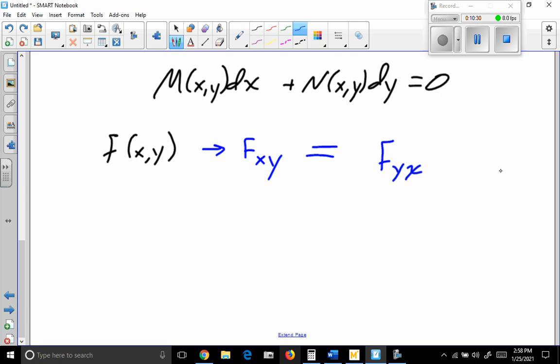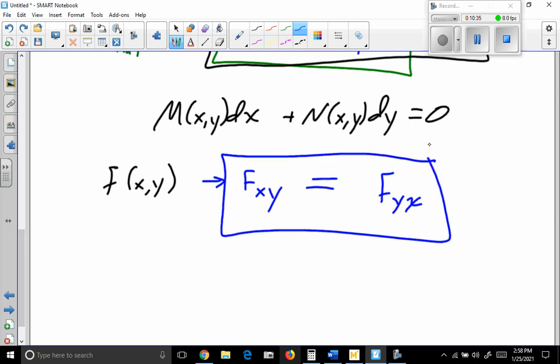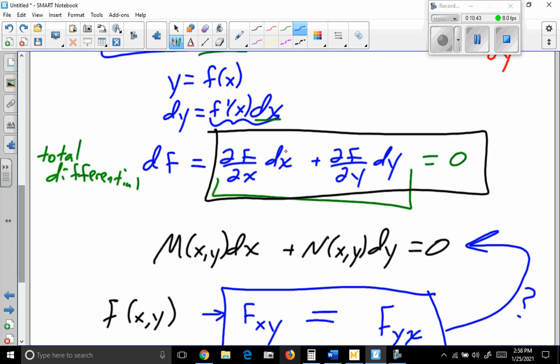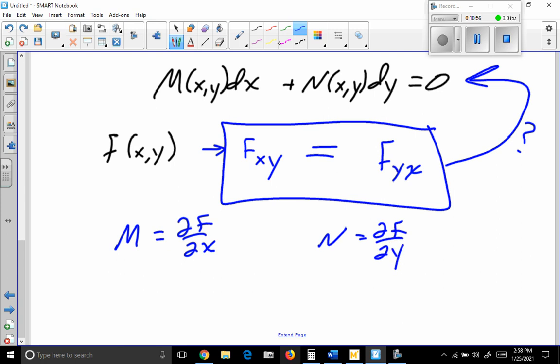So this is how we're going to test if we have an equation in this format, is that a total differential? If it is a total differential, then in that case, m would be the partial of f with respect to x. And n would be the partial of f with respect to y.